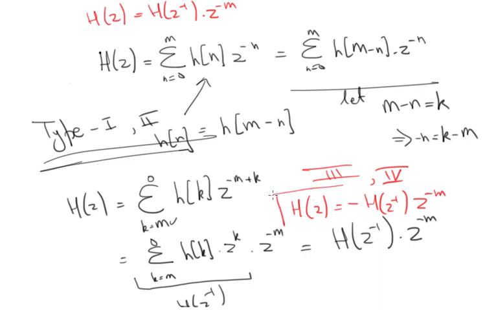From these two expressions, we can say that for a system for which zeros are not on unit circle, they will be in conjugate reciprocal pair form.